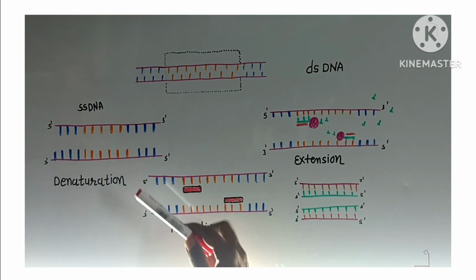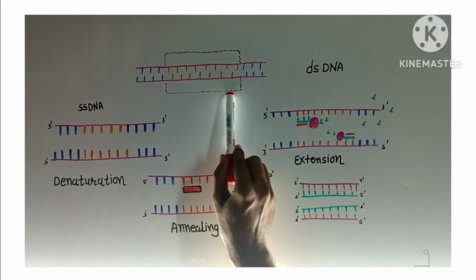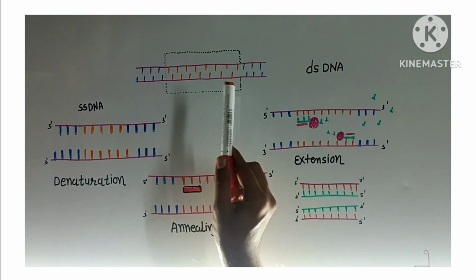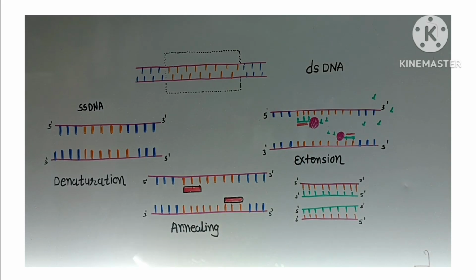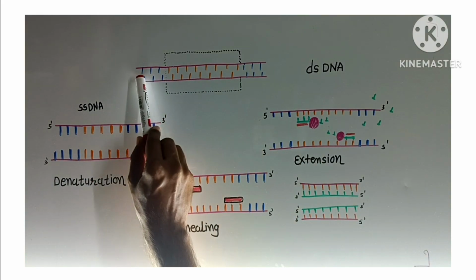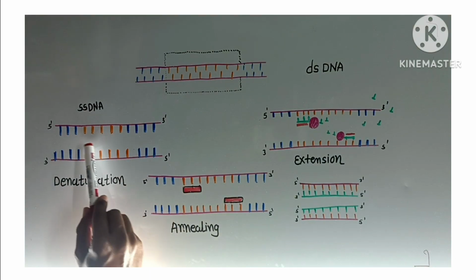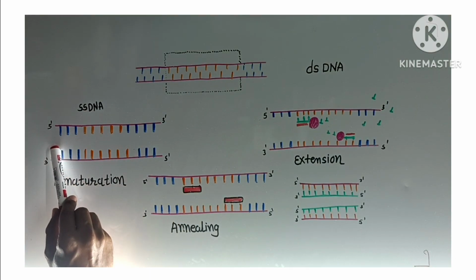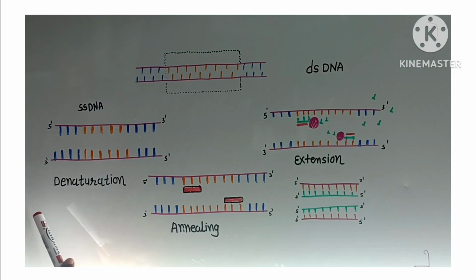So this is our DNA strand, and this is our target part which we want to multiply. Three steps are there: denaturation, annealing and extension. So in denaturation, what happens? This dsDNA, double stranded DNA, is converted into ssDNA via breaking of the H bonds present between the nitrogenous bases. Next, the annealing part.